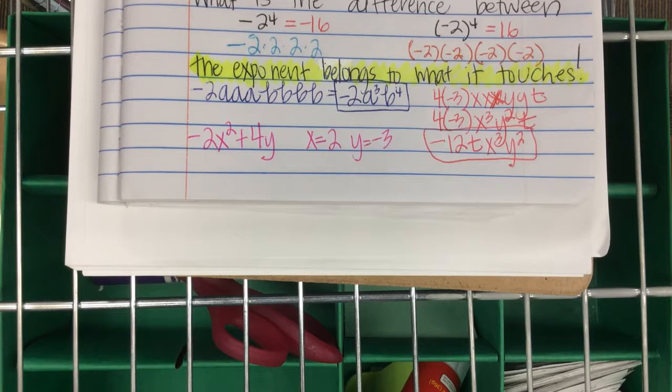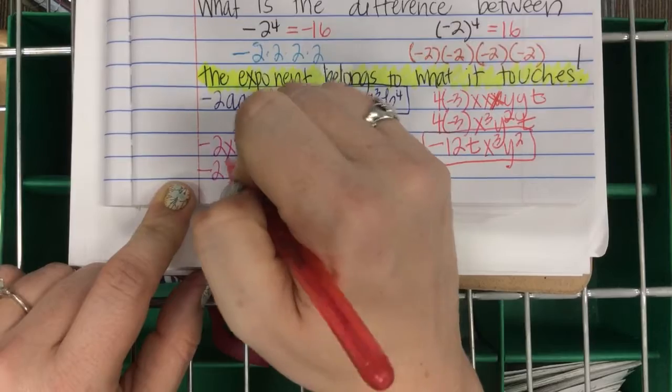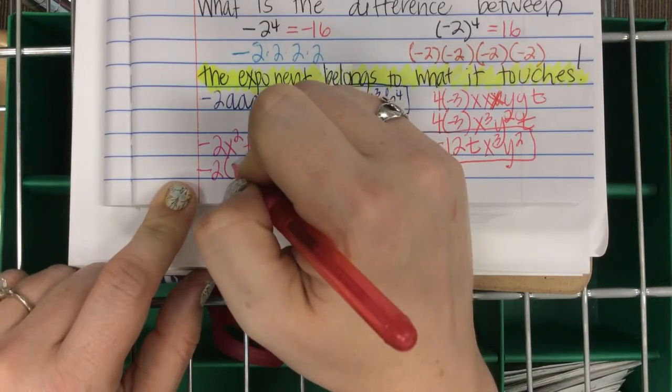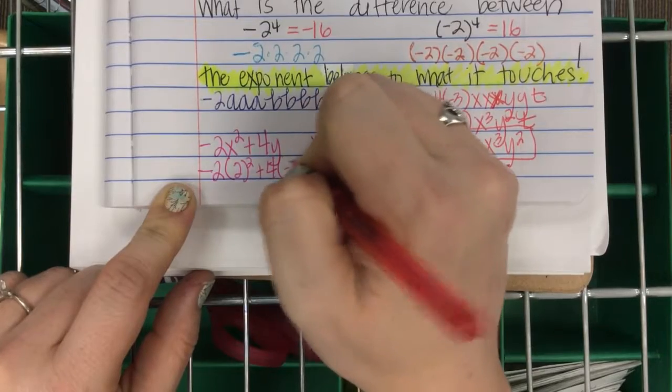Negative 2x squared plus 4y. So that means it's negative 2 and 2 squared plus 4, negative 3.